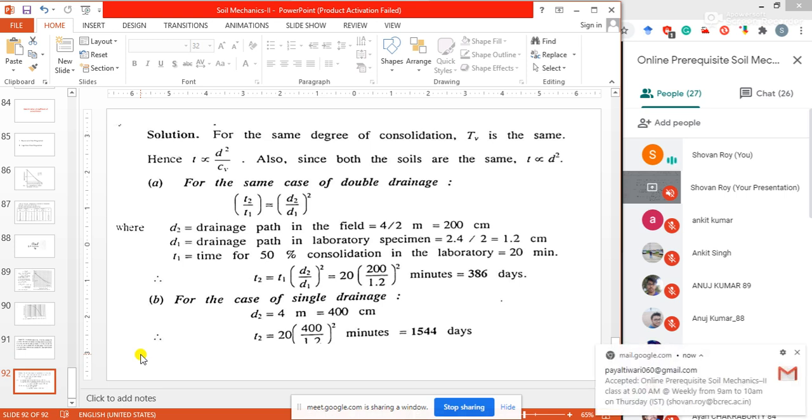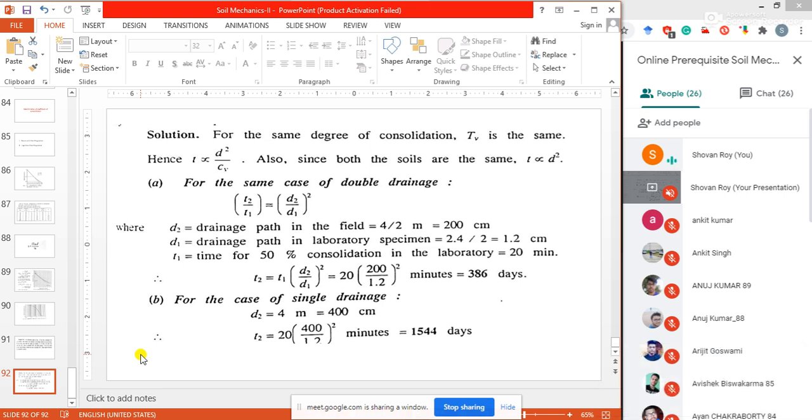D2 is the drainage path in the field, 4 by 2, and d1 is the drainage path in the laboratory specimen, 2.4 by 2. When the drainage is double, your thickness will be divided by 2.